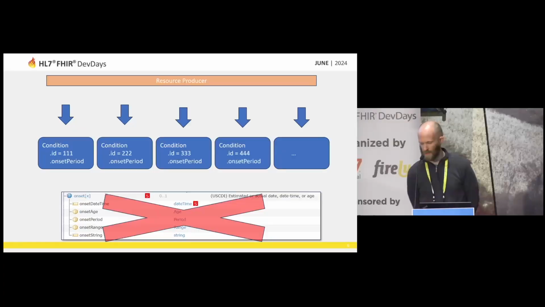Yeah, in this case, I think we were only collecting a single onset date, and we chose period to say that if in the future we enhance our software to collect an onset date range, we have the ability to do that easily. We used our crystal ball to guess what we might need in the future, so we chose period, but we didn't actually need it. Since we only captured a single date, we didn't lose data when we moved to onset date time.